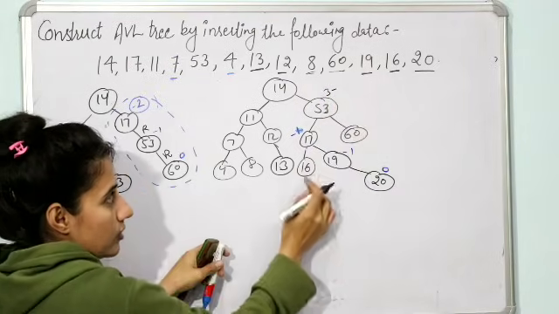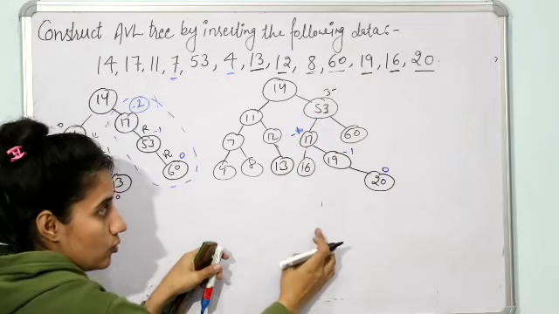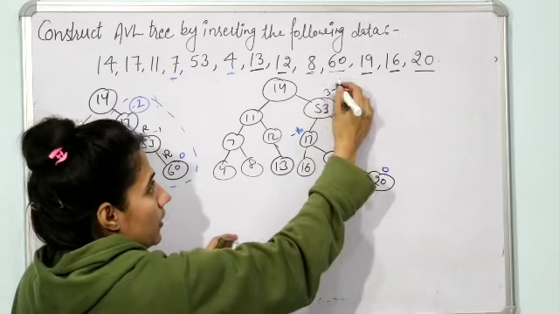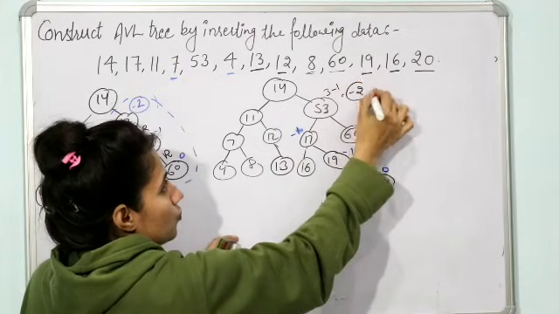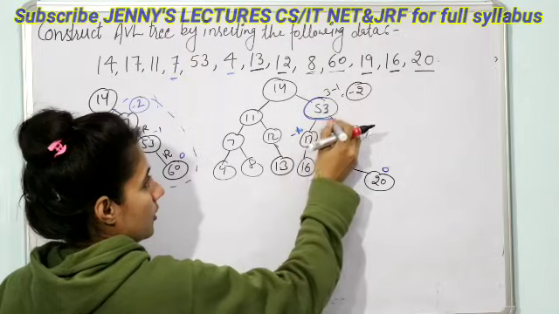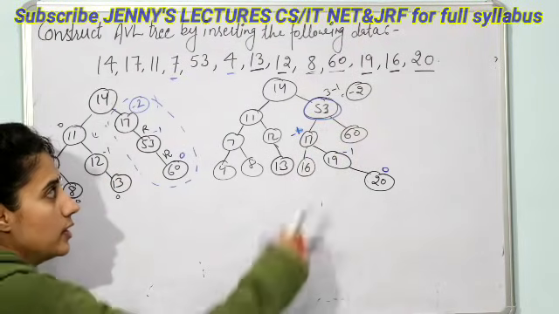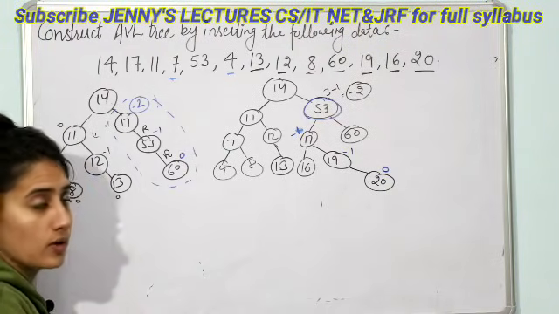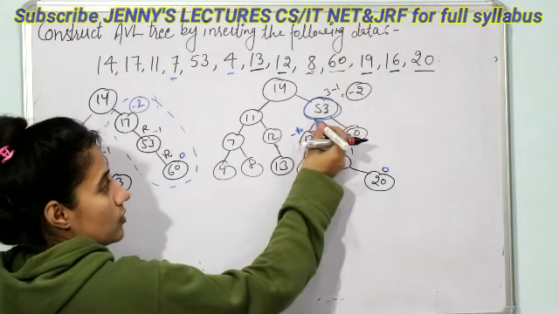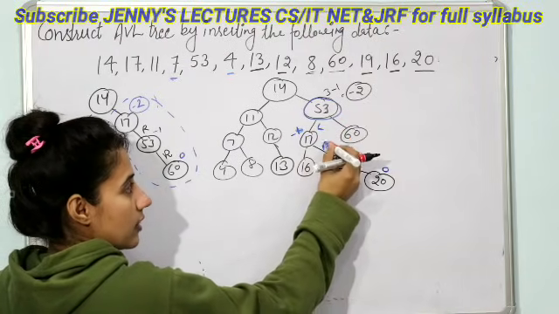You are supposed to go the longest distance from that node to the leaf node. 3 minus 1, that is minus 2. So this 53 is our critical node, or you can say the unbalanced node. Why is this tree unbalanced? Because of a left insertion and then a right insertion.